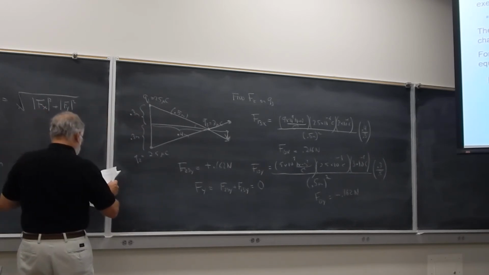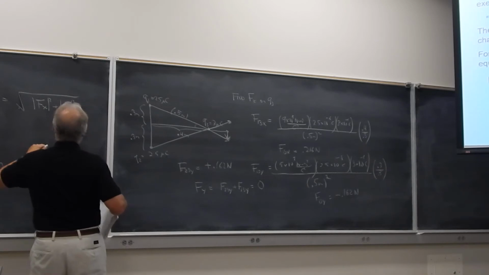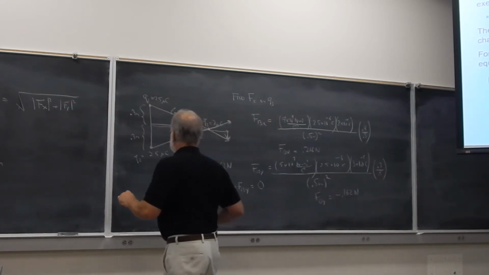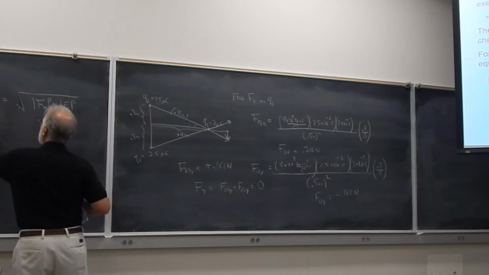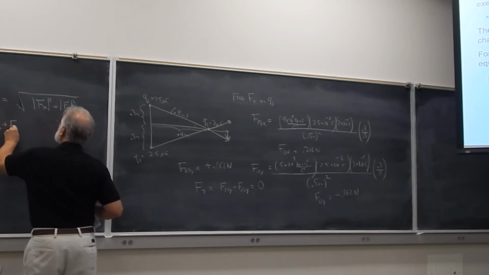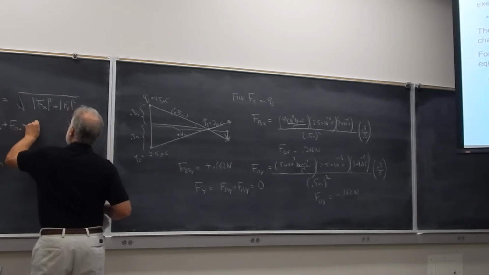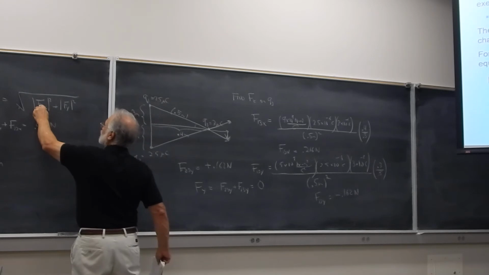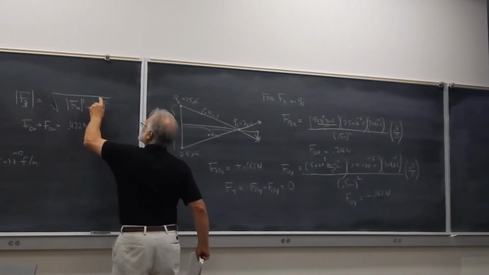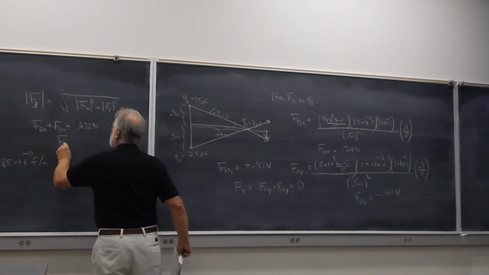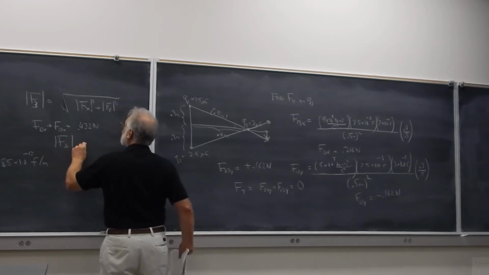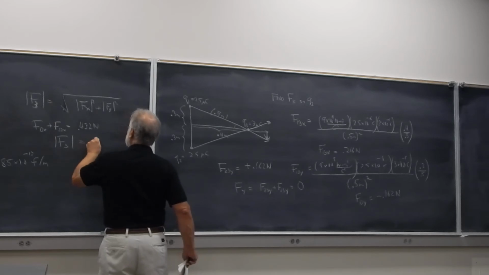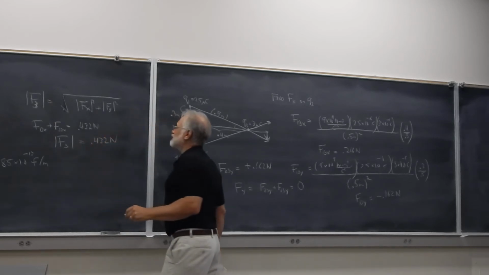And of course, Fx in both cases is 0.216 newtons. So if I add them together, F13x plus F23x gives me 0.432 newtons. Take this 0.432 squared. This is 0, so the magnitude of the total force on Q3 is going to be 0.432 newtons.